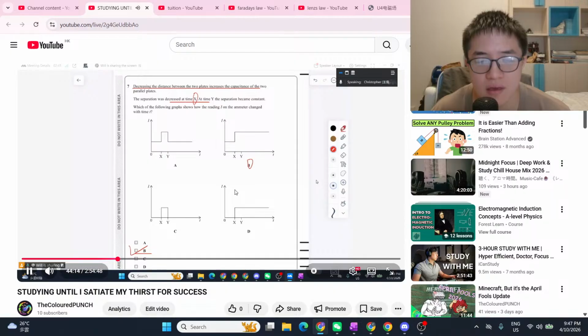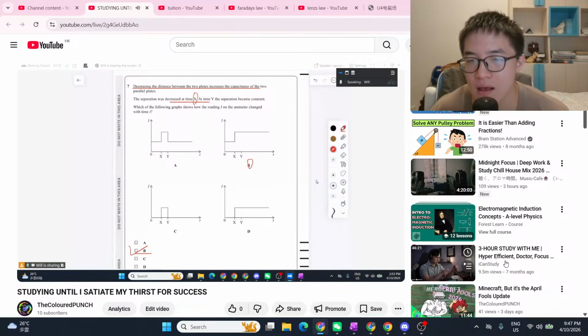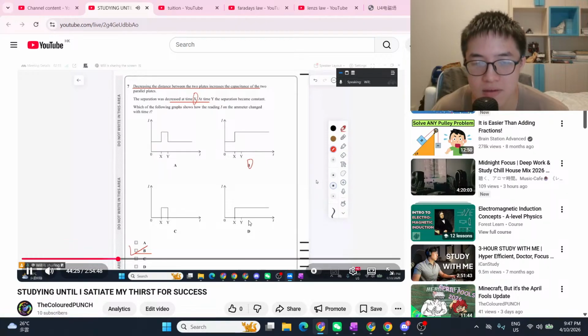Okay, at the initial condition, right? If I increase the separation of the two parallel plates, then we can use the formula related to the capacitance, right? C equals A over 4 pi, right? 1 over D, right?